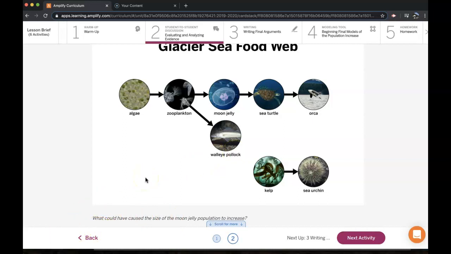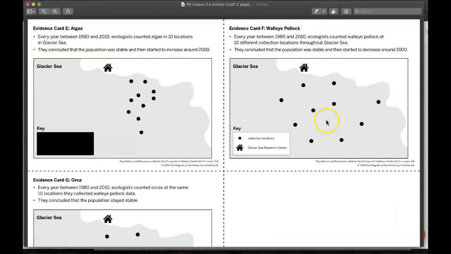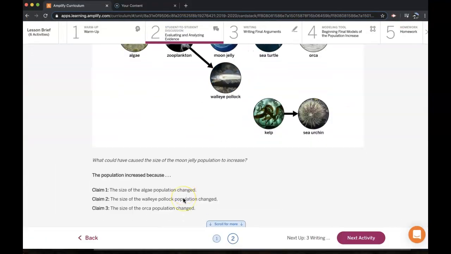So now let's look at evidence card F. Evidence card F shows that the population of the walleye pollock was stable and then started to decrease around 2000. So let's look at claim 2. The population of the walleye pollock changed, so it would be connected to claim 2, but did it change in a way to cause the moon jelly population to increase?